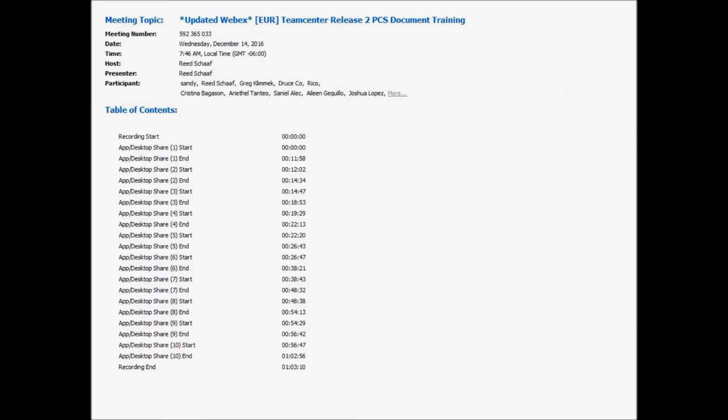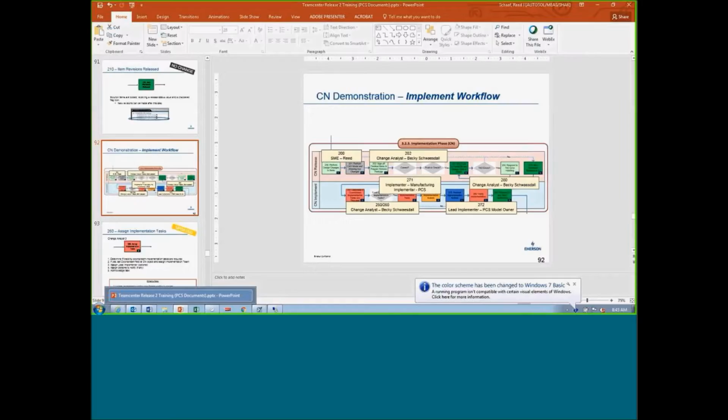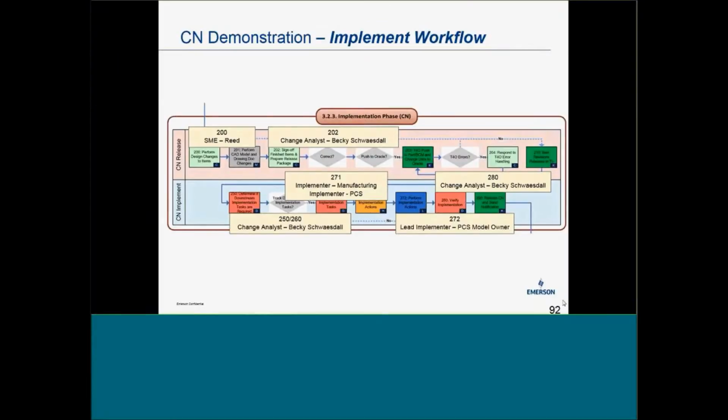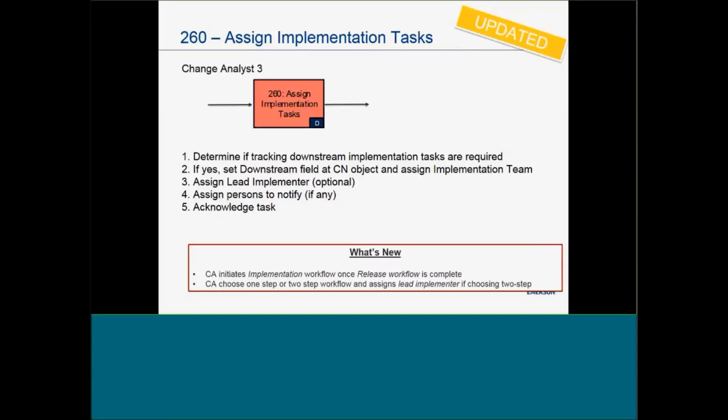All right. So to review the implement workflow, in step 260, the change analyst assigns the implementers, and they choose whether or not a lead implementer is assigned. What's new here is that the CA would initiate the implementation workflow, and they would choose whether or not it's a one- or two-step workflow, assigning the lead implementer.